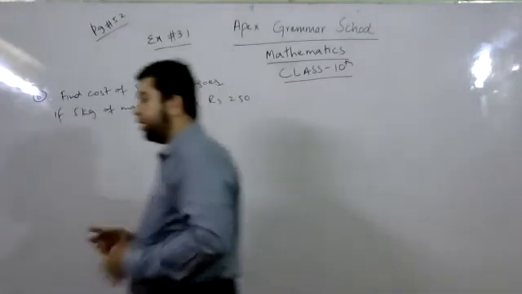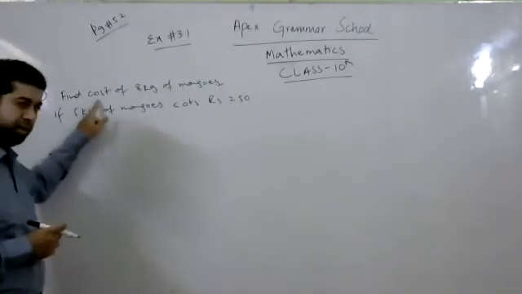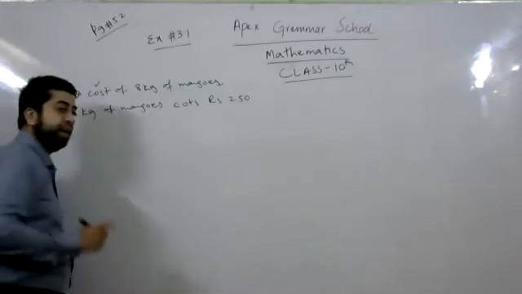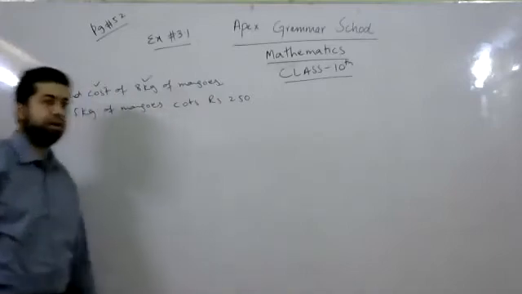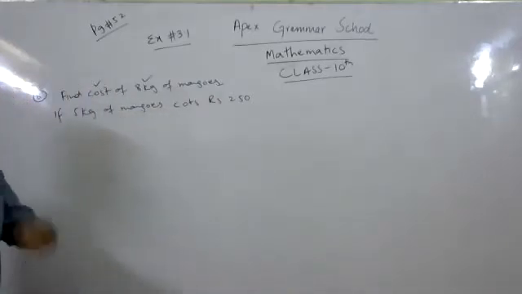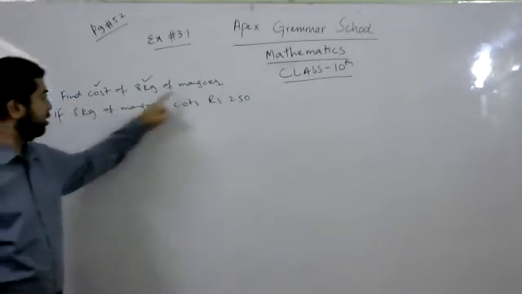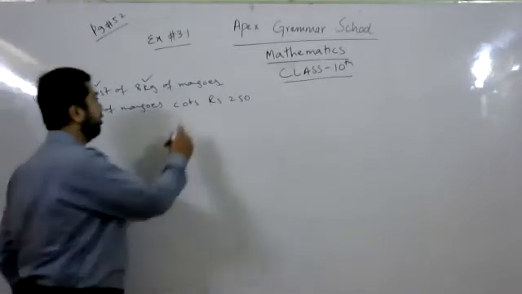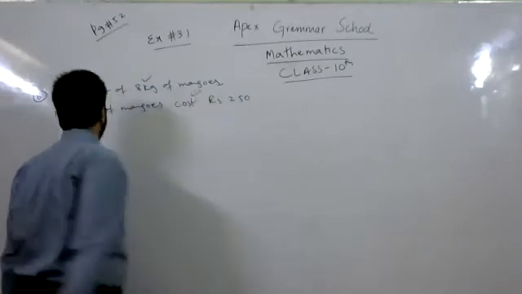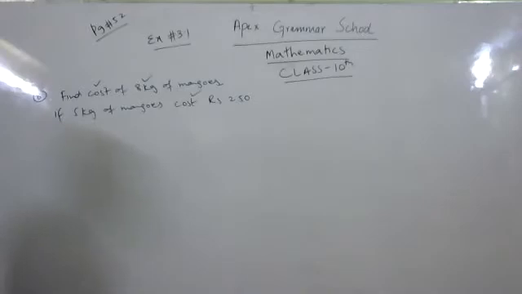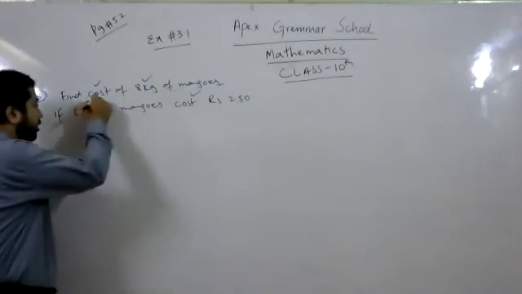You can see that we have two quantities here. First is cost, second is quantity, that is 8 kg of mangoes. And the same thing is going to repeat again. Cost will appear again, find cost, and also this kg quantity will repeat.